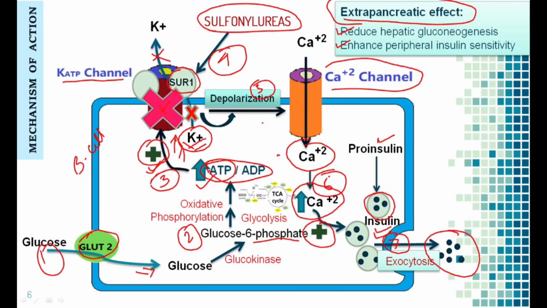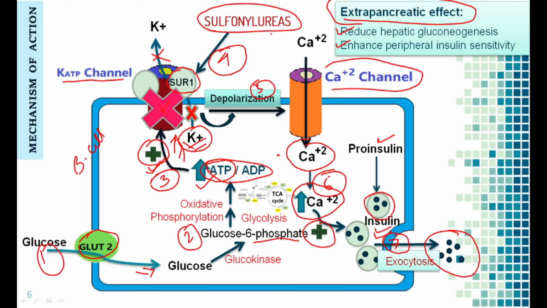In recent years it was found that other than triggering insulin release, sulfonylurea can enhance insulin stimulation of carbohydrate transport in skeletal muscle, so glucose transport and uptake of glucose is promoted. Then there is enhancement of insulin action on the liver.